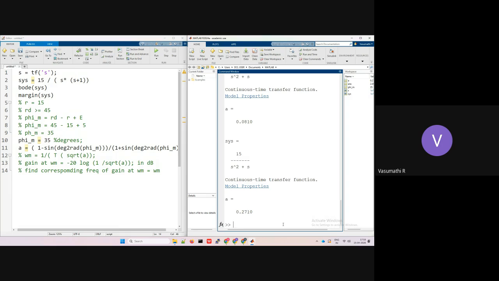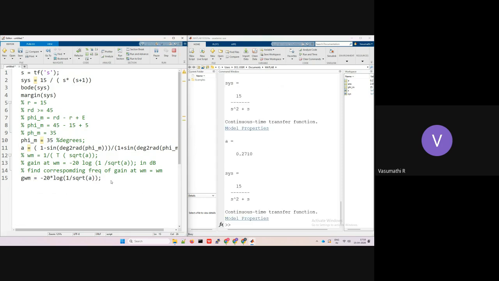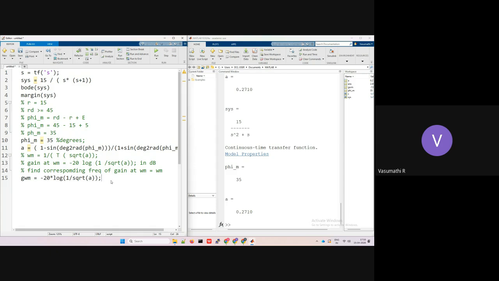Now I'm going to find the gain at omega m. Let me call it g omega m. g omega m should be equal to minus 20 into log of 1 divided by sqrt of my alpha. This is the formula. What is the gain value it is giving?